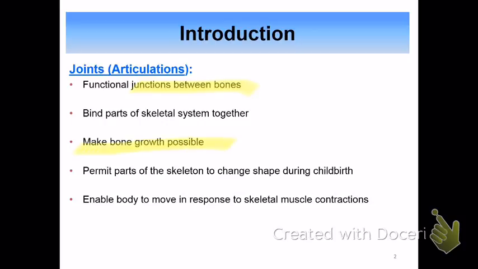It makes bone growth possible. How does it make bone growth possible? Well, think about the plates in the skull, the frontal bone and the parietal bone and the occipital bones. Because of the sutures, because there are different bones, those bones can grow at different speeds, and it's okay. Your head's not shaped funny.